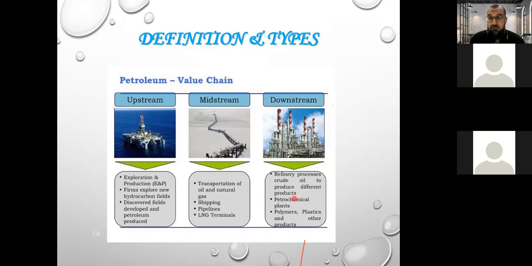The purpose of this refinery is to produce refined products, as I said, like gasoline, which we use to operate our cars, diesel as well for heavy vehicles and trucks, and kerosene that is used for aeroplanes. So these are the sectors you can find in downstream. In downstream, yes.